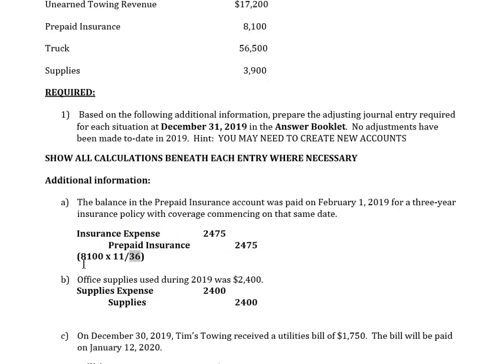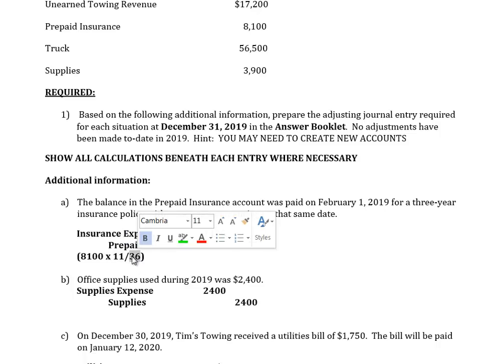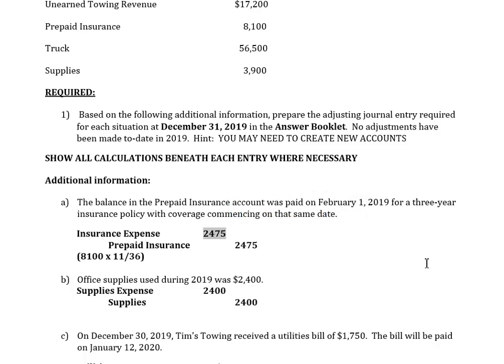So what we're going to do is take the amount that's prepaid for 3 years and find out how much is that for 11 months of 36 months or 3 years. And when we do that math, we've used up $2,475 worth. So we need to debit insurance expense for $2,475, and we need to credit prepaid insurance to show how much we've used up of the asset, $2,475.